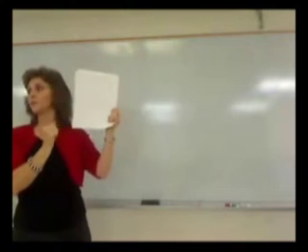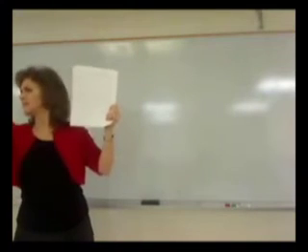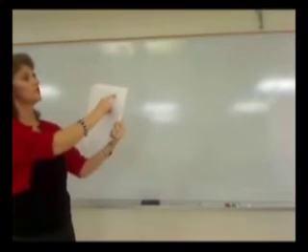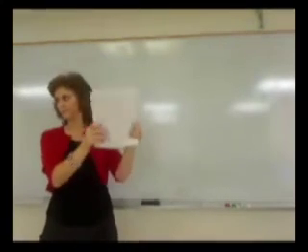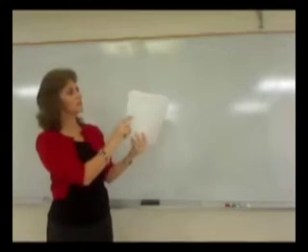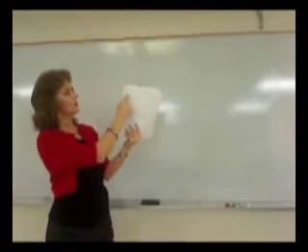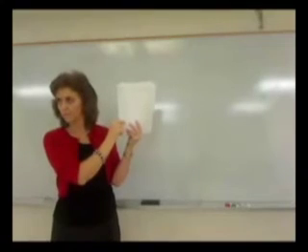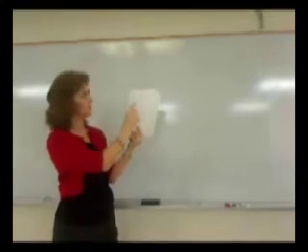Find in your packet the hexadecimal addition and subtraction chart. It's a grid of a lot of numbers. Down the left-hand side are the numbers 1 through 9 and A through F, hexadecimal.